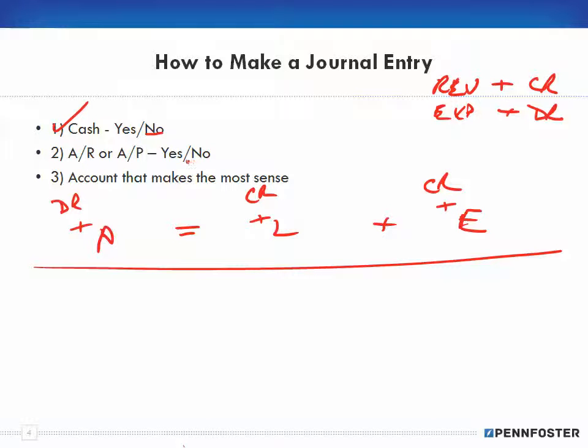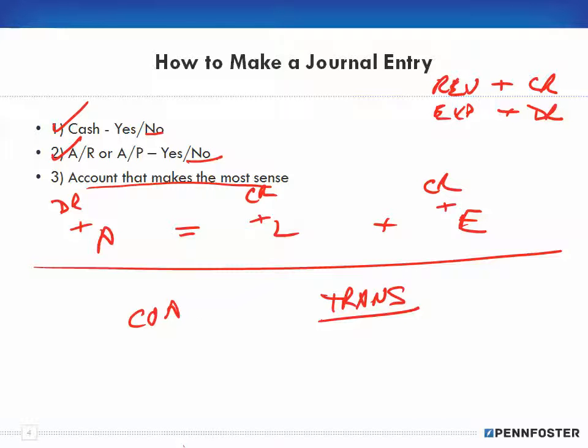And if my answer to that is no, then I go to an account that makes the most amount of sense. What I mean by that is now you look at your chart of accounts, and depending upon what the transaction states, you look for that ledger account that would fit into that category of accounts.